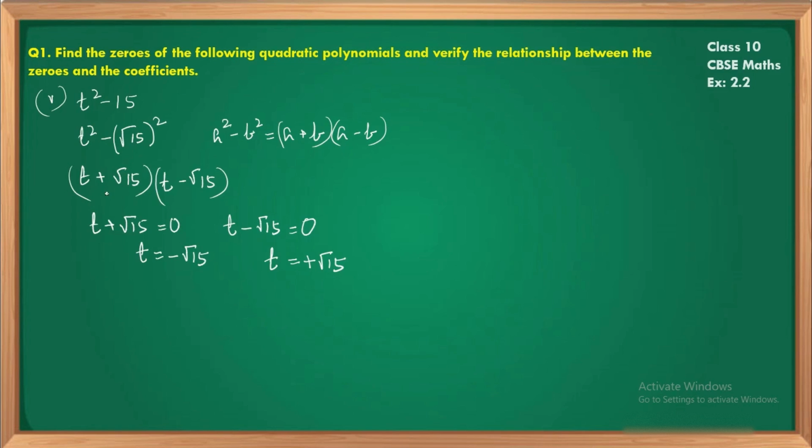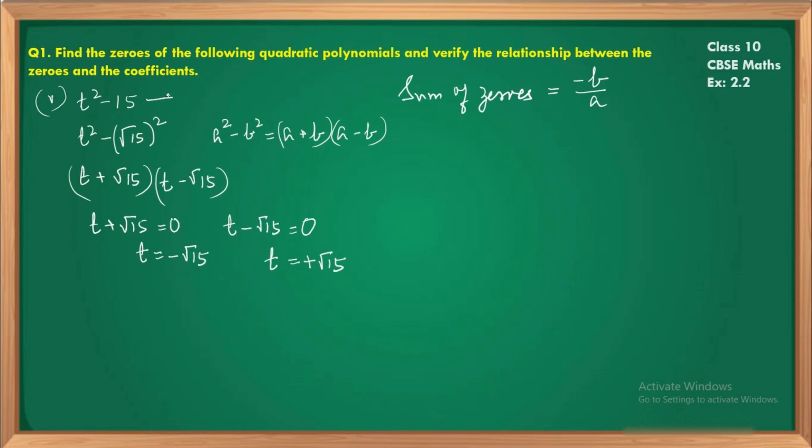Now we have to start verification. Sum of zeros is equal to minus b by a. B is nothing but the coefficient of the term t in the equation, and a is the coefficient of t square. We have the coefficient of t square, a, but we don't have b. For that sake, we will make a small change here.